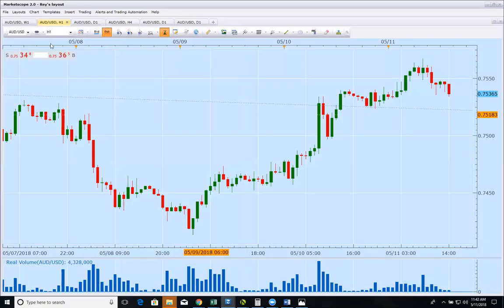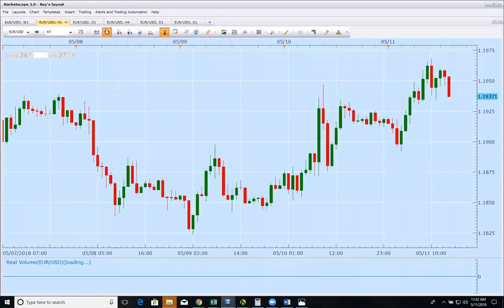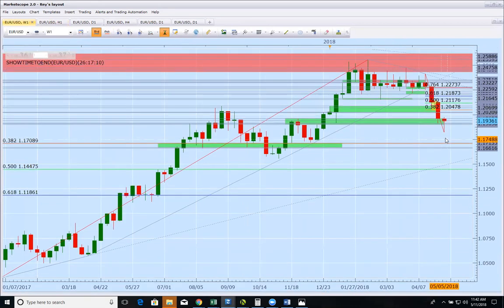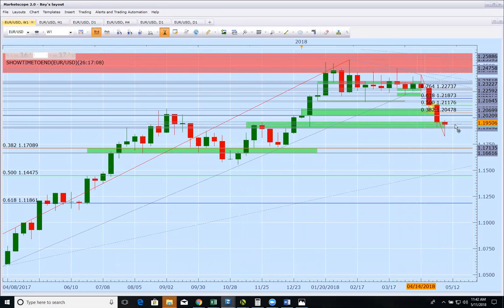Euro, we went heavy with euro for the past 2 days. Currently it's just correcting itself before continuation to the upside. So it's finishing like this, at a demand level, the chances of it heading back up to correct is highly probable.